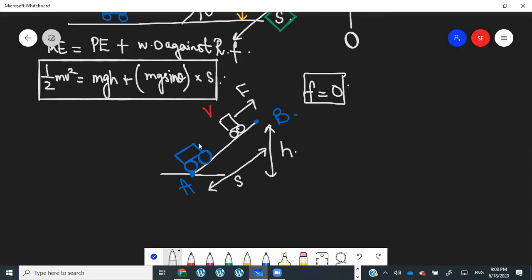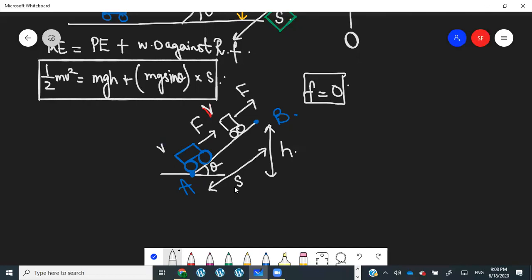There is a forward force. The distance that it has traveled is s in the forward direction. The angle is theta. Frictional forces are zero. Height gained is h. The velocity initial and final are the same. So half mv squared is equal to mgh plus the forward force, which is F equals ma.